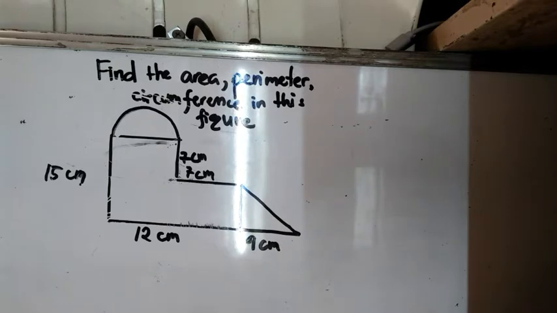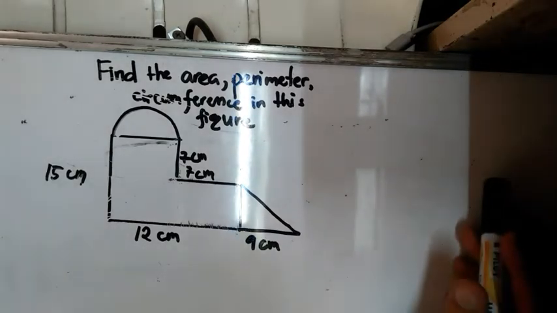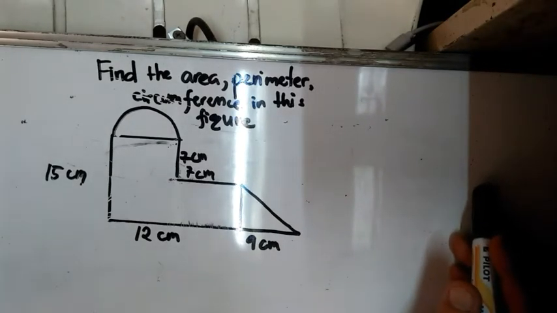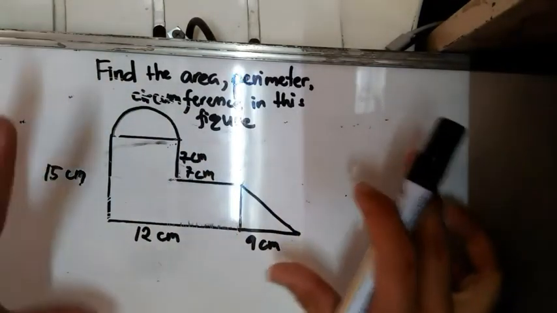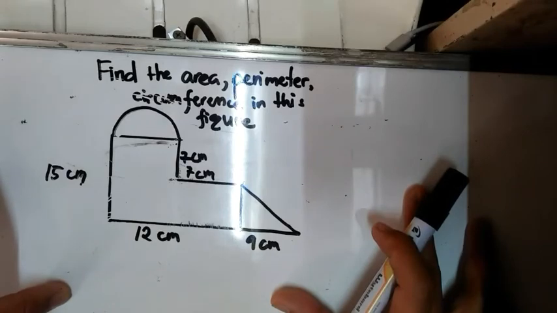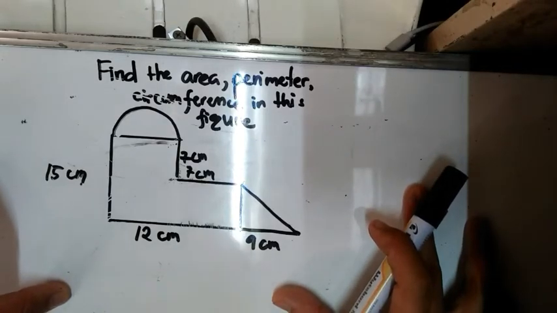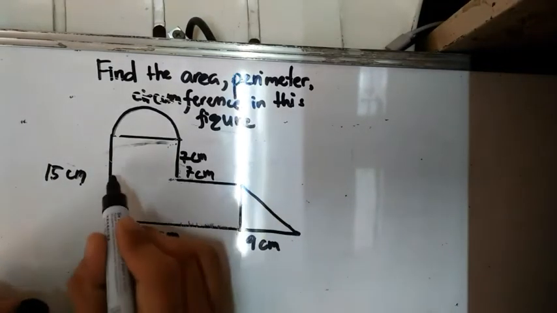So we can find the area and the perimeter of this figure. Let's start with the area. Make a line.